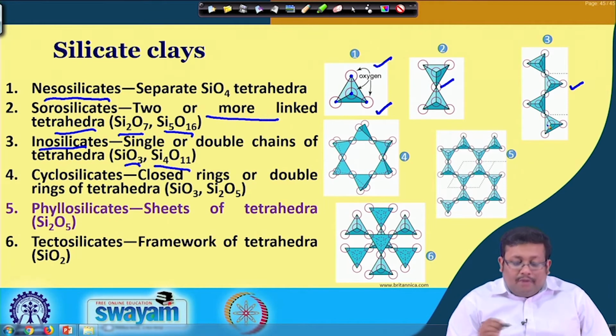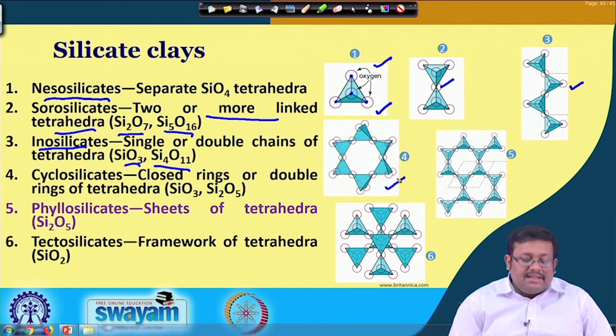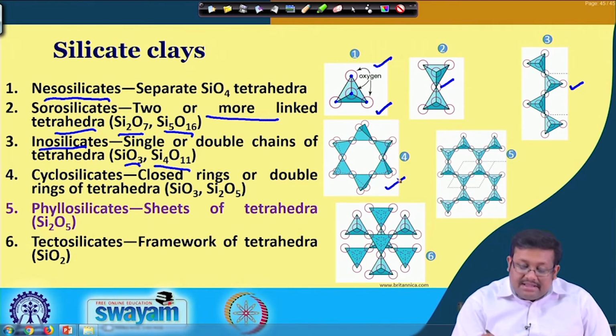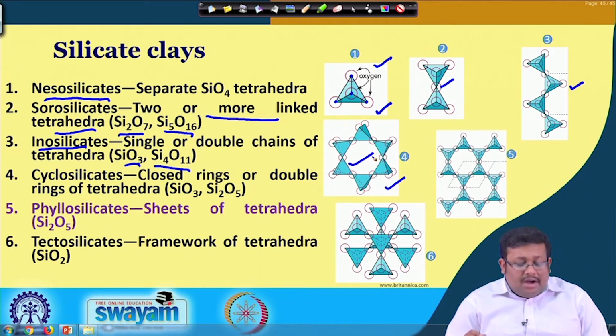And the fourth one is cyclosilicates, and this is an example of cyclosilicates. Cyclosilicates are basically single closed rings or double rings of tetrahedra. As you can see, this is a closed ring of tetrahedra. And the fifth one is the most important, and this is called phyllosilicates.